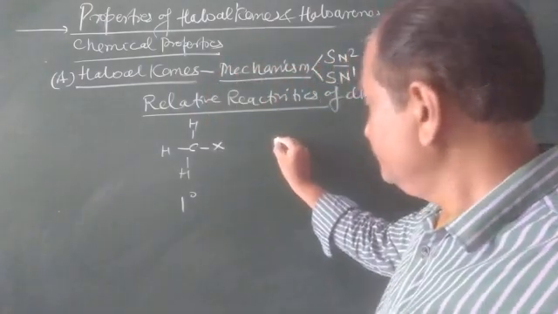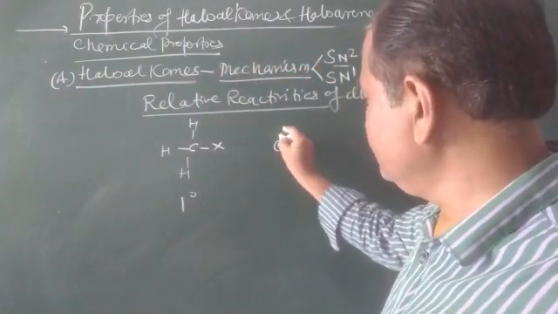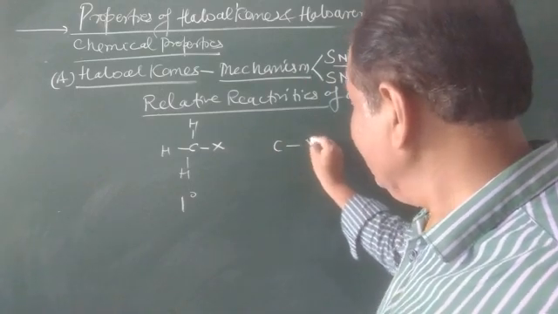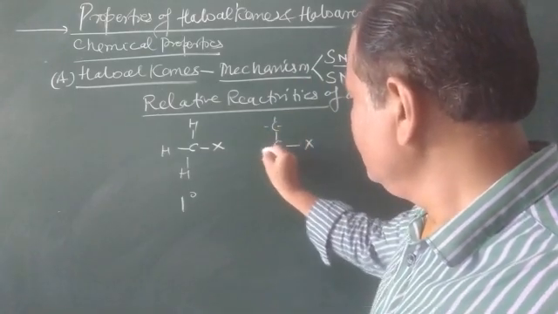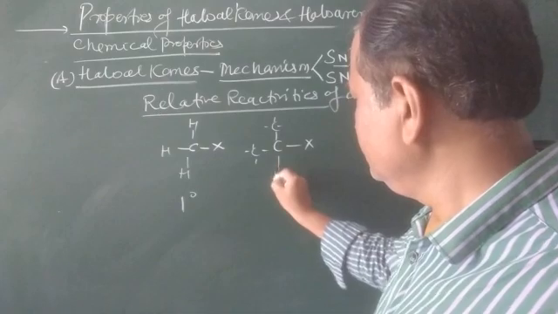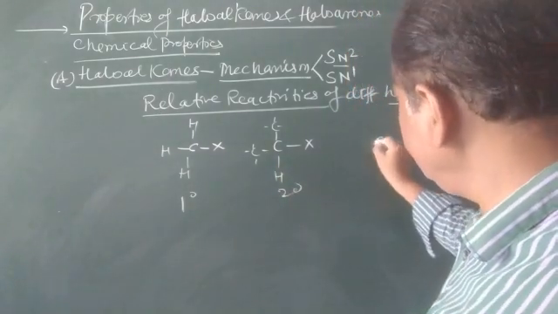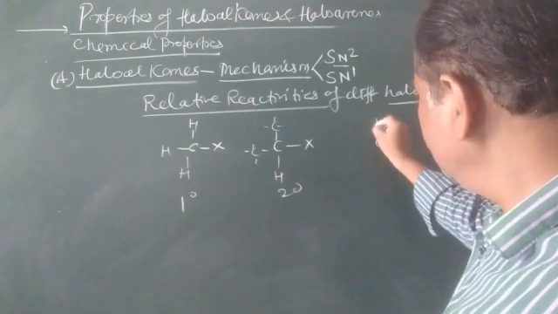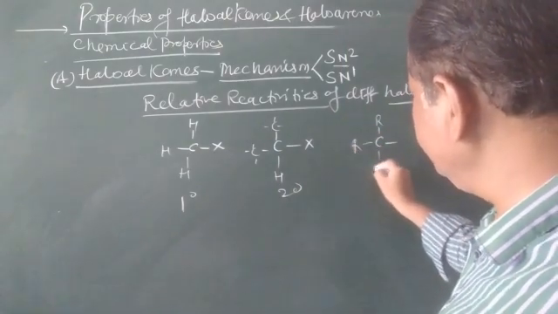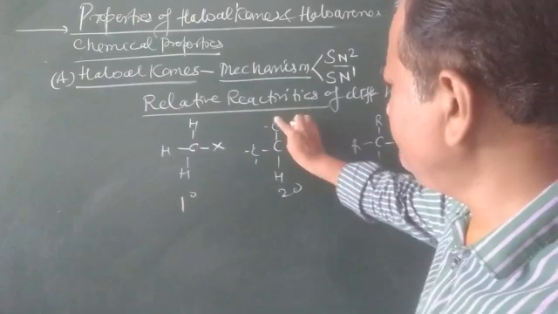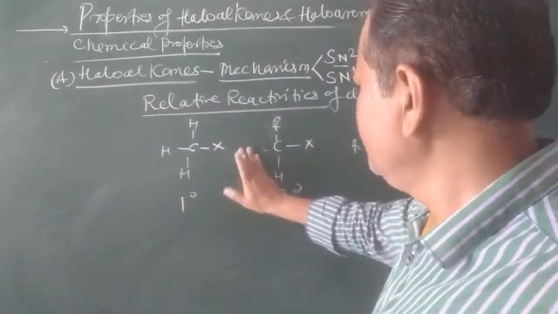Now coming to secondary, here we have X, here we have C, here we have C, here we have H. This is secondary. Now here I am drawing R, here we have R, here we have R. Here we may put R for any alkyl group.